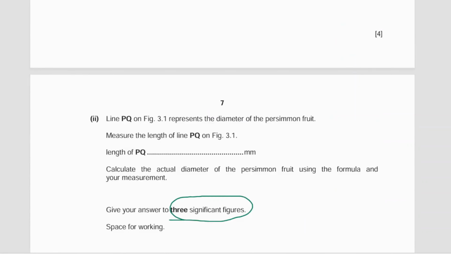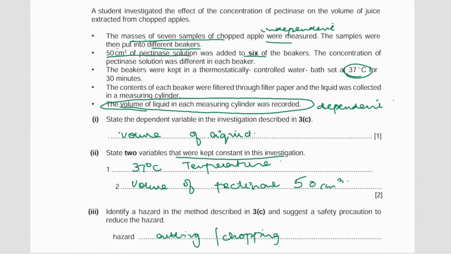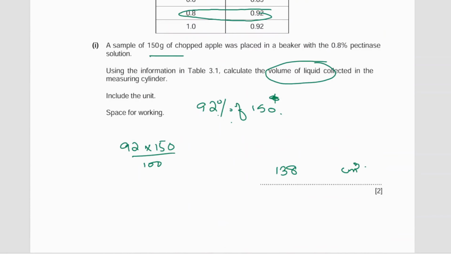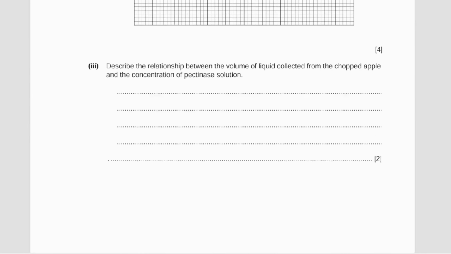Now, the question over here is that we have added the pectinase. So we are not changing anything. There they have mentioned cooking. Here they have mentioned pectinase. So that's why we are using this word: if there is more concentration of pectinase, what is the result?